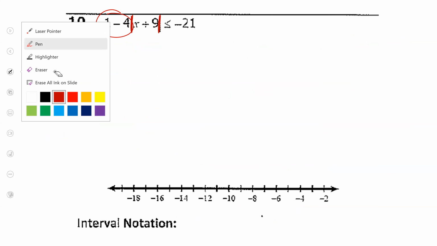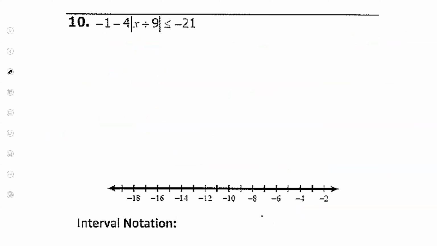So what I'm going to do first, I see a -1. I'm going to add 1 to both sides. -21 plus 1 is -20. Everything else can come down.